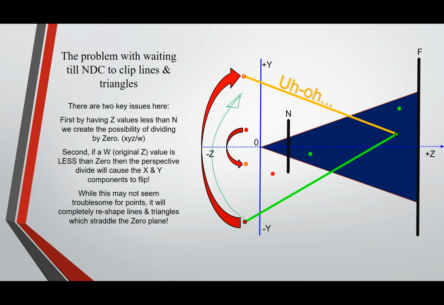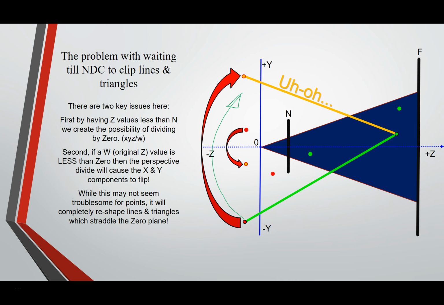As we've talked about so far, points, not really a problem. But if you look at what points do when they're behind zero or they're less than zero on the z, it has some repercussions for points that are connected to other points.